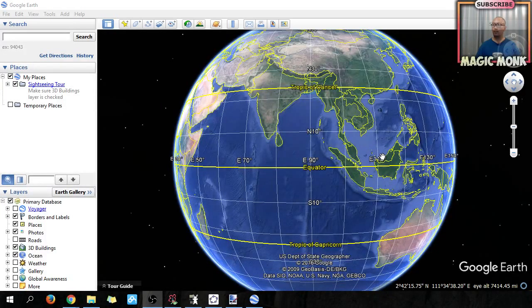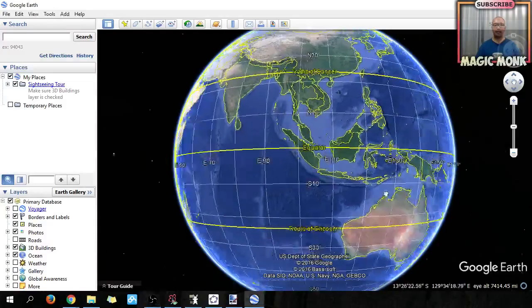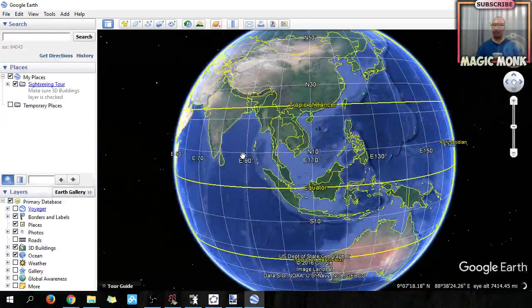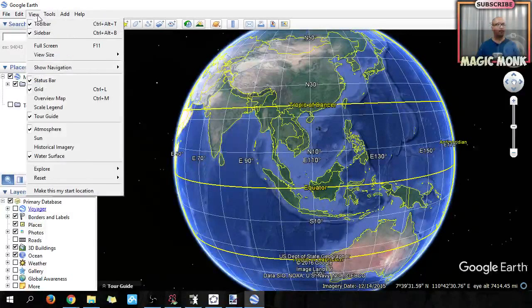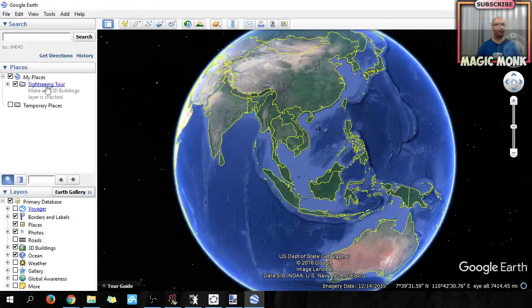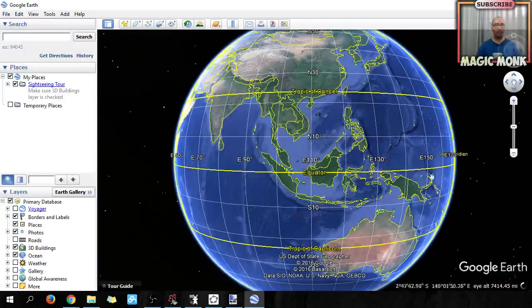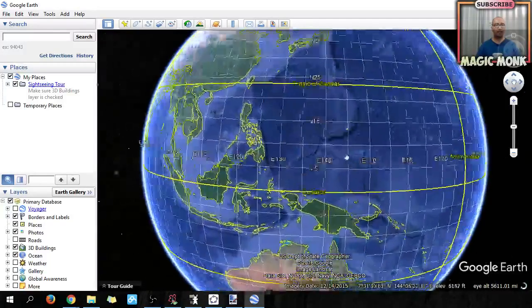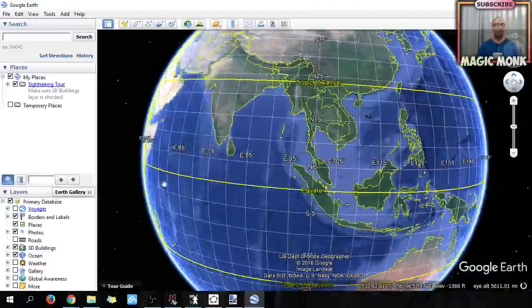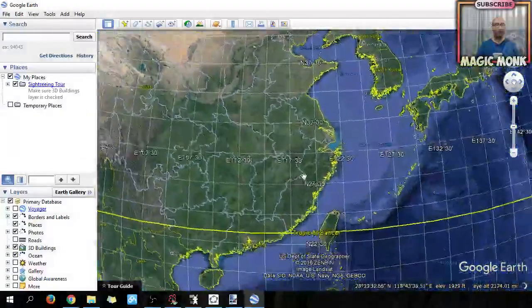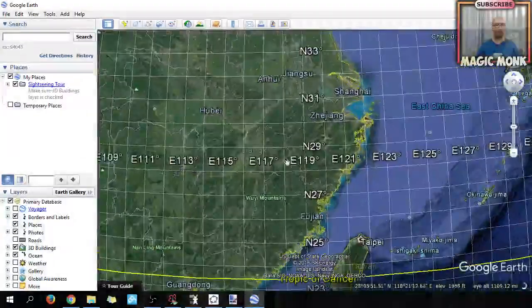I've turned on grid lines, so View, Grid on, in my Google Earth. In case you're using Google Earth, you probably want to turn on grid lines. You have the equator in the middle, 0 degrees. If you zoom in to a city, let's say Shanghai, which is here.